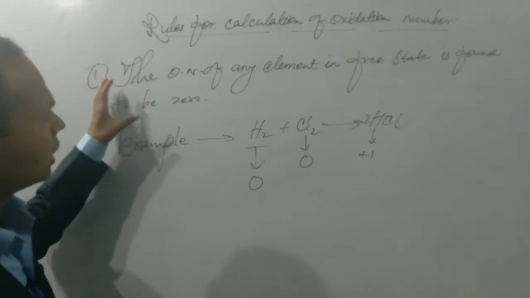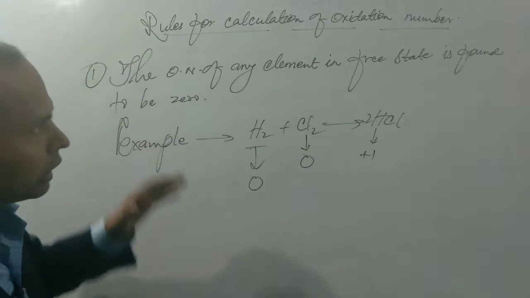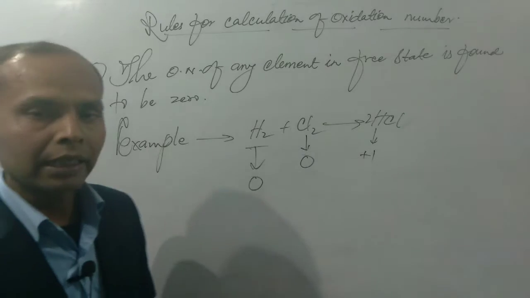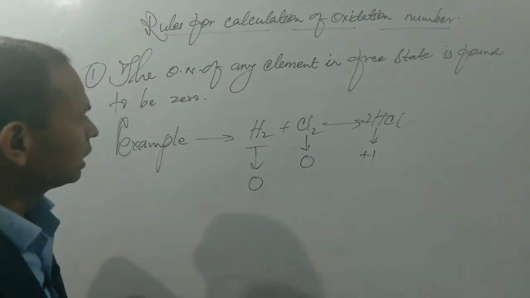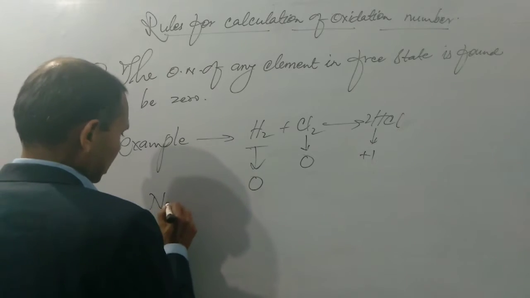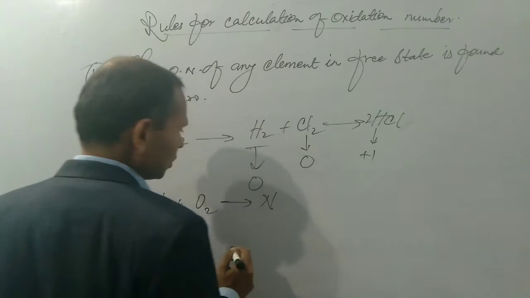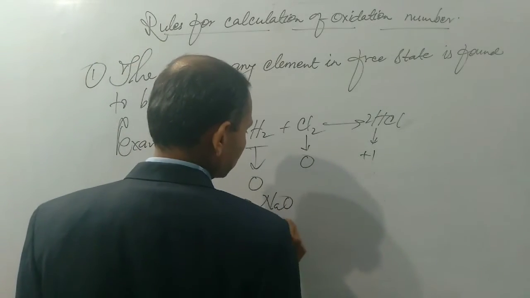So, according to this rule, the oxidation state of any element in free state is found to be 0. We take another example: sodium reacts with oxygen to form sodium oxide.